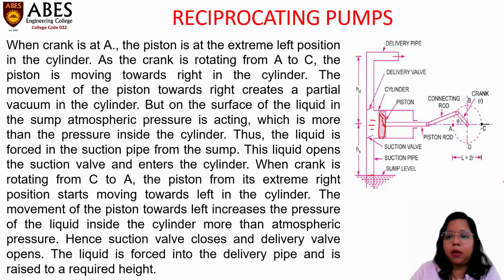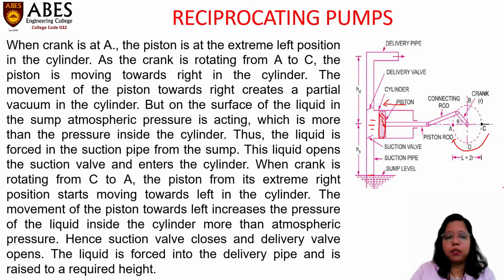When the crank is rotating back from C to A, again it is traveling from 180 degrees to 360 degrees. The piston from its extreme right position starts moving towards the left in the cylinder.